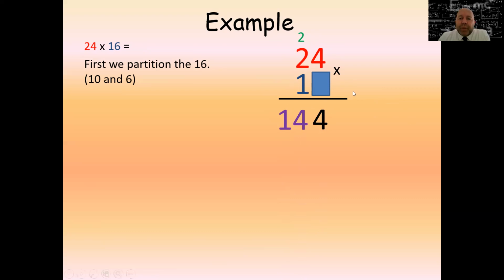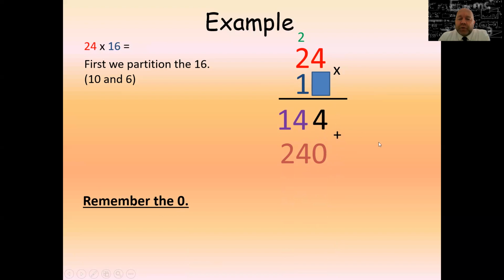But by inserting a 0, by just using a placeholder of a 0, that means we can treat it as a 1. So we put our 0 into the ones column, and then we do 1 times 4 is 4, 1 times 2 is 2. And basically what we're saying there is 24 times 10, remember it's a 10, is 240.